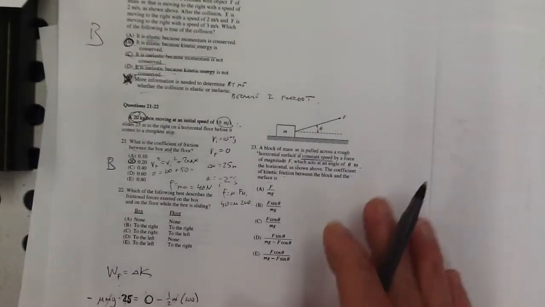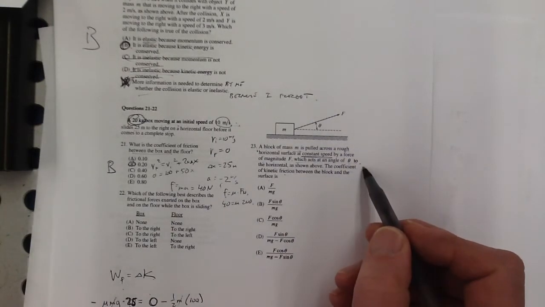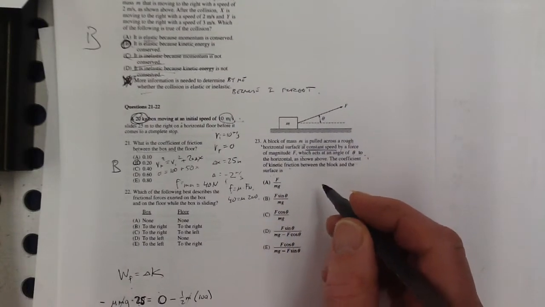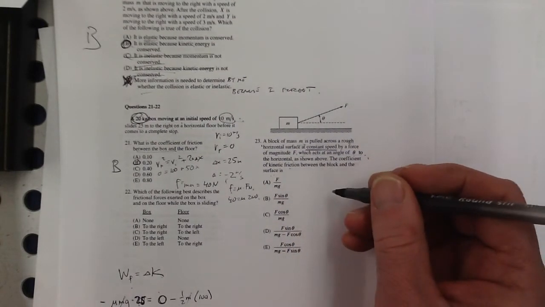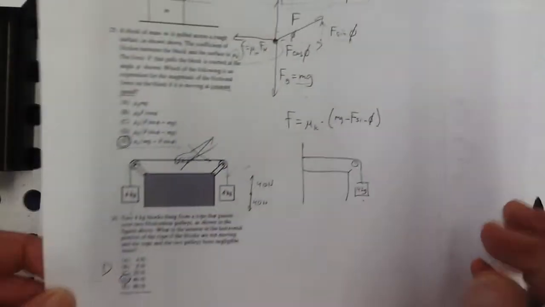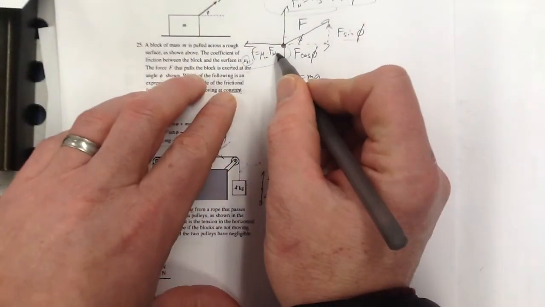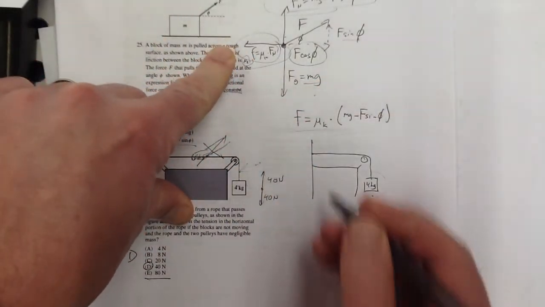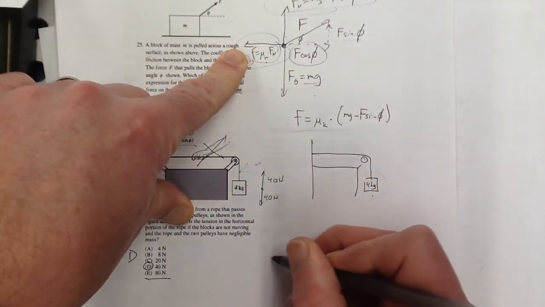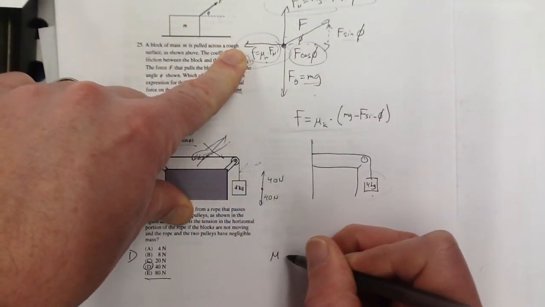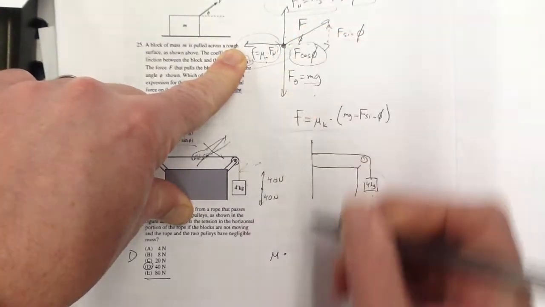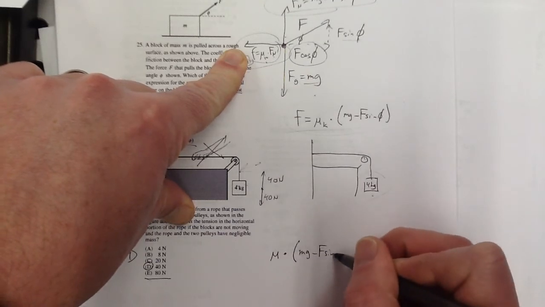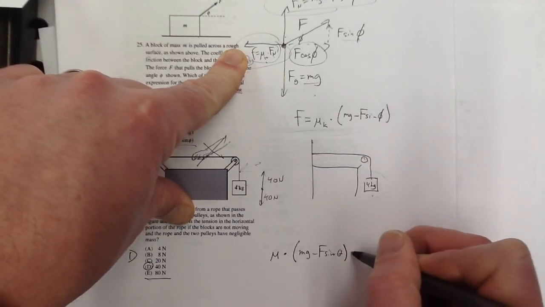Okay, so what do we want this time? This time we want the coefficient of friction. So I think this time what we want to do is set this equal to this, right? So if I want to know what that coefficient is, mu, my coefficient, times the normal force, which is mg minus F sine theta in this case.